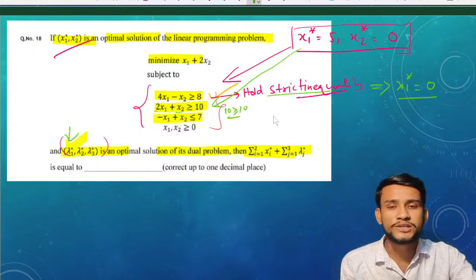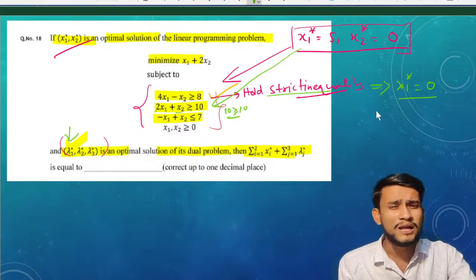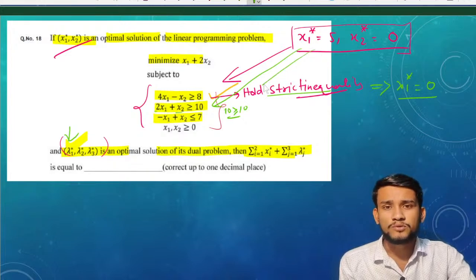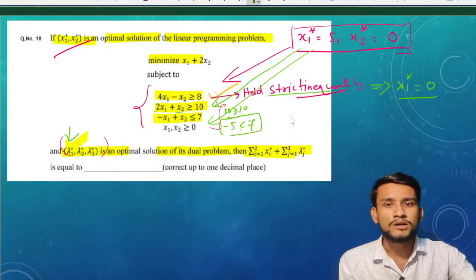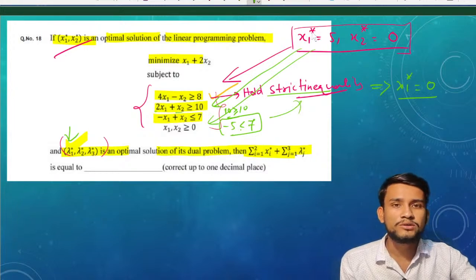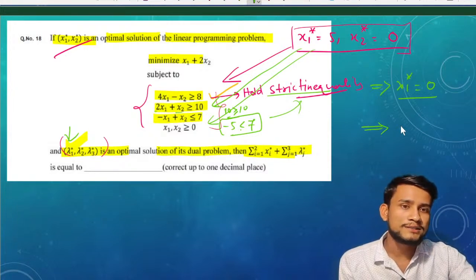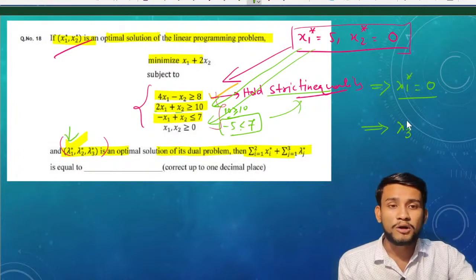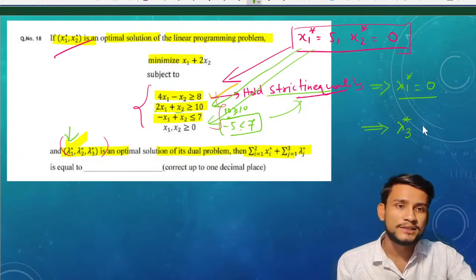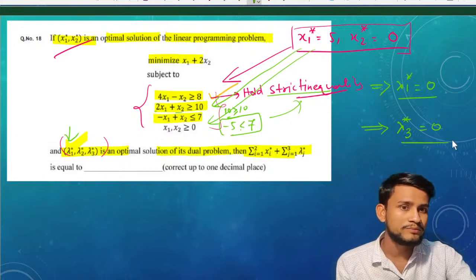This is not strict inequality, therefore we can't say anything about lambda 2 star. Now we put this here: minus 5 plus 0, so minus 5, which is strictly less than 7. That means strict inequality holds, so from the complementary slackness property we can say that lambda 3 star is also equal to 0.